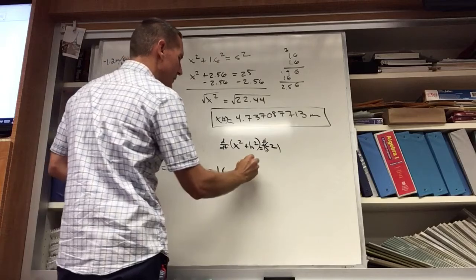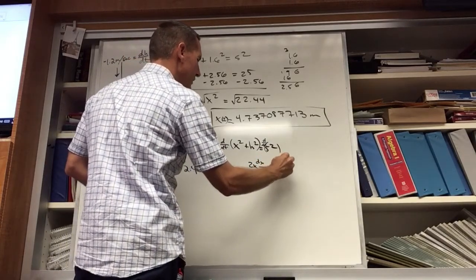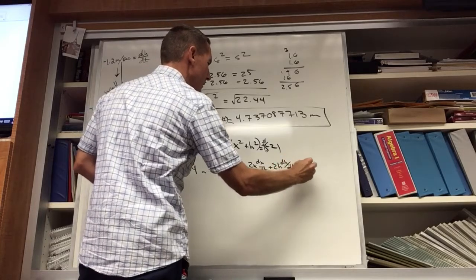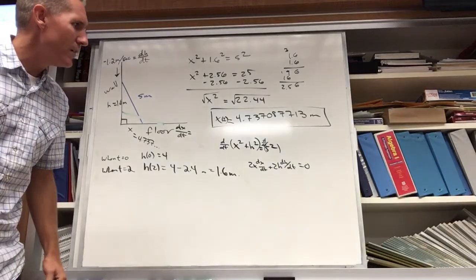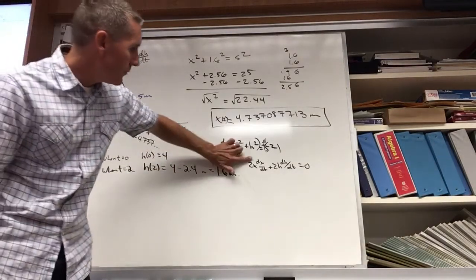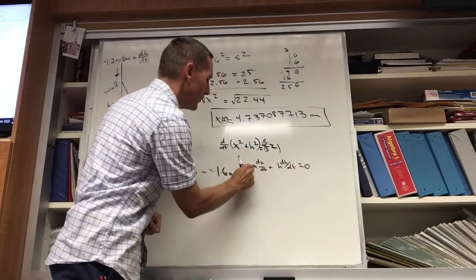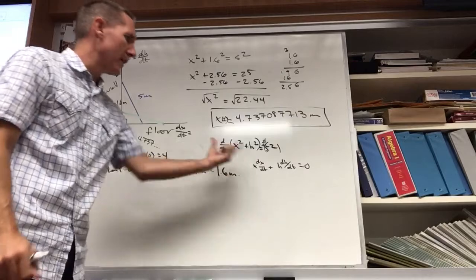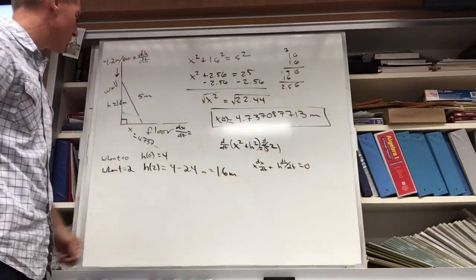I know that this is going to be 2x dx/dt plus 2h dh/dt equals 0. Now, one thing I didn't mention last time is that if I factor out a 2 and divide both sides by 2, that's not going to have any effect on this equation. So let's go ahead and start with just that.